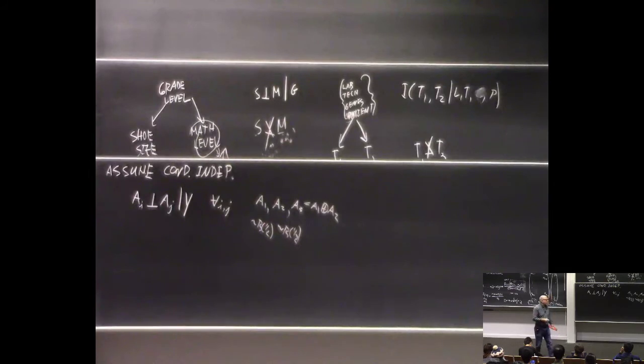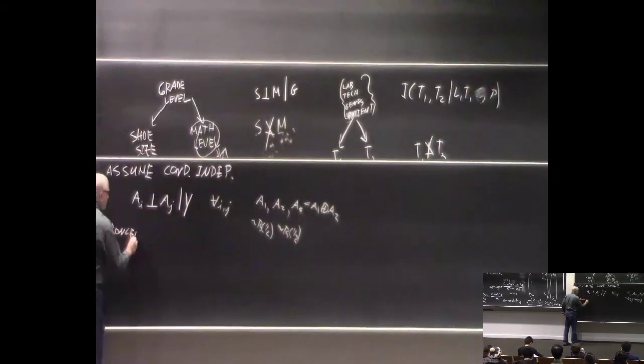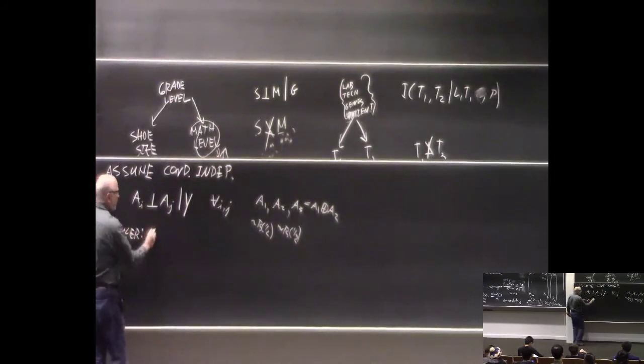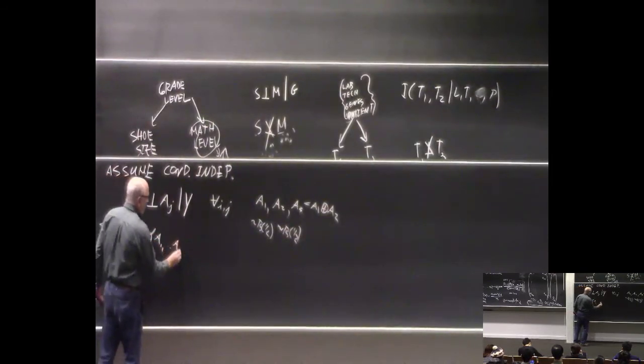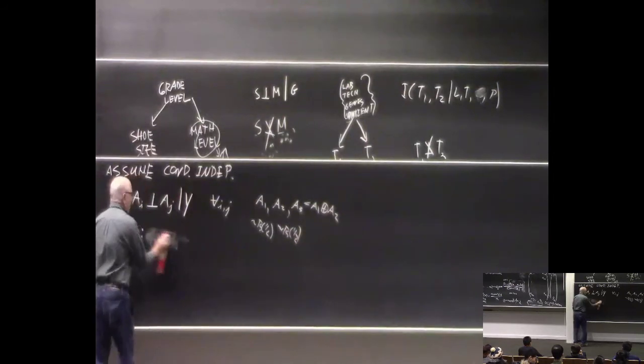I'm going to make a stronger assumption. I'm going to make the assumption that any subset of the A_i's, A_i1 through A_ik, all right, I'll just write it in words.